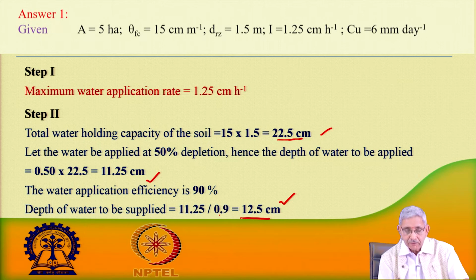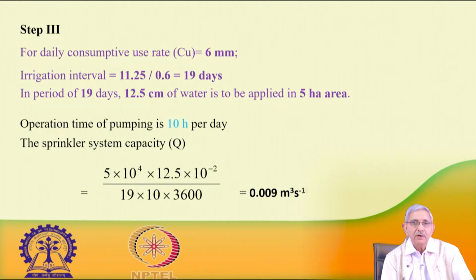So, exactly the water which will be available is 11.25. So, we are using here 11.25, not 12.5. That is the part which I want to emphasize here to get the irrigation interval.